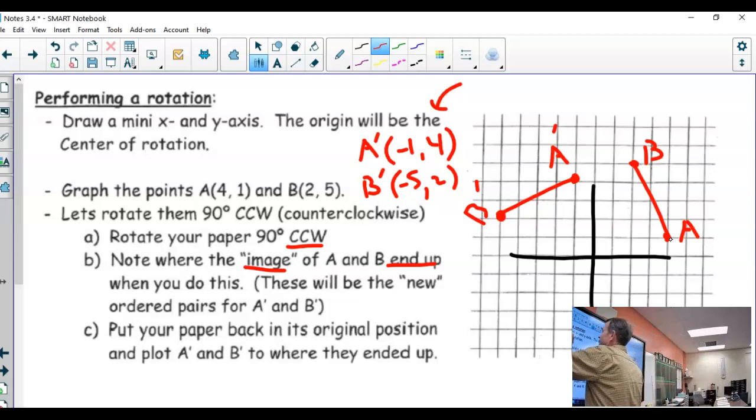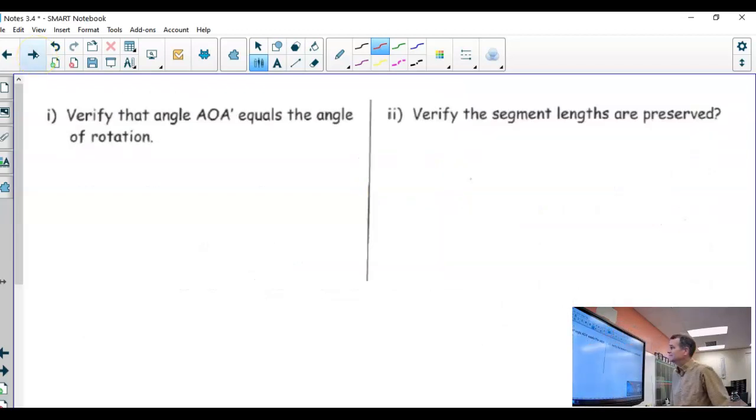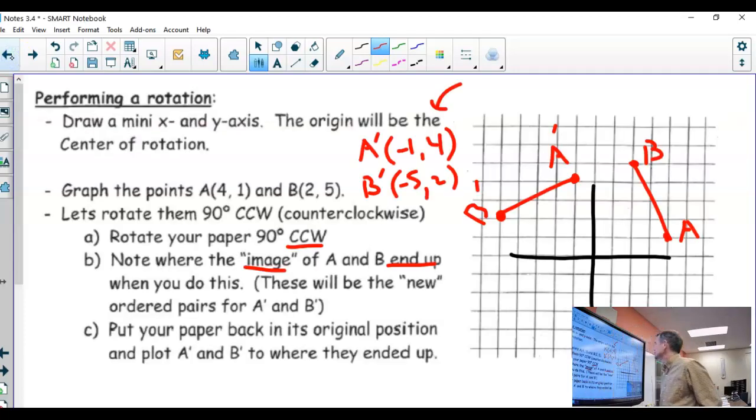All right, so that is a review of how to do a rotation. And we want to verify a couple things here. We want to verify that angle AOA prime equals the angle of rotation. So let's look at how to do that. Angle AOA prime.